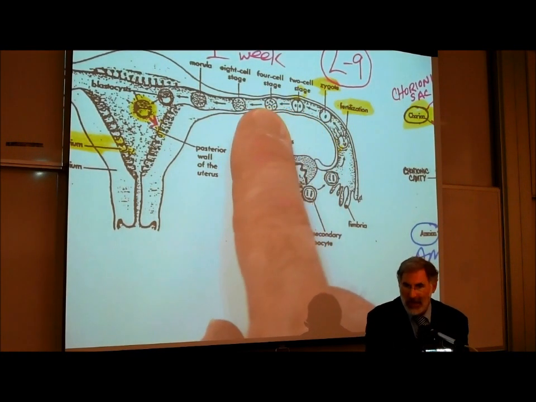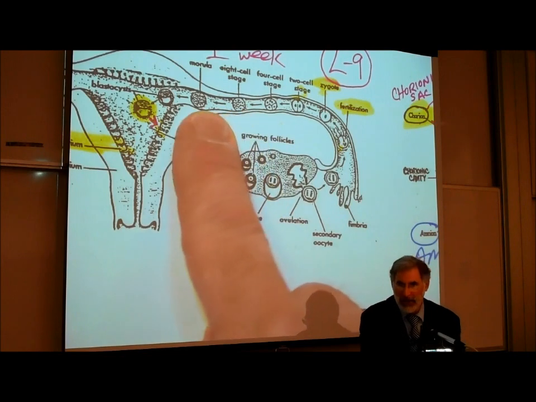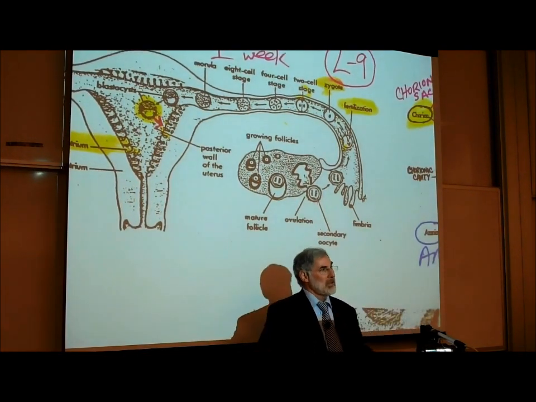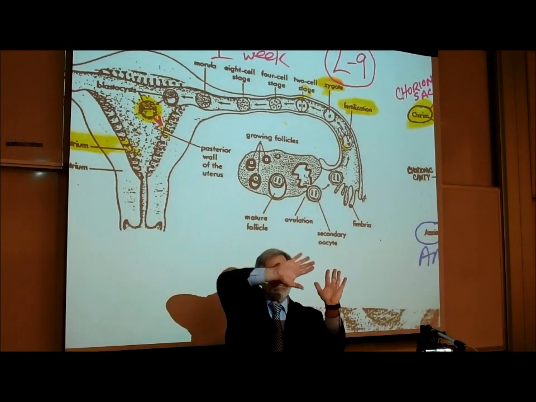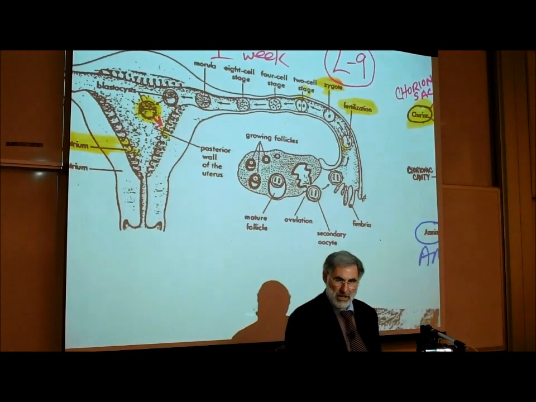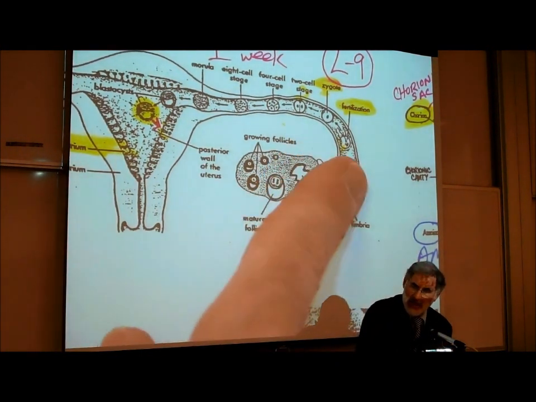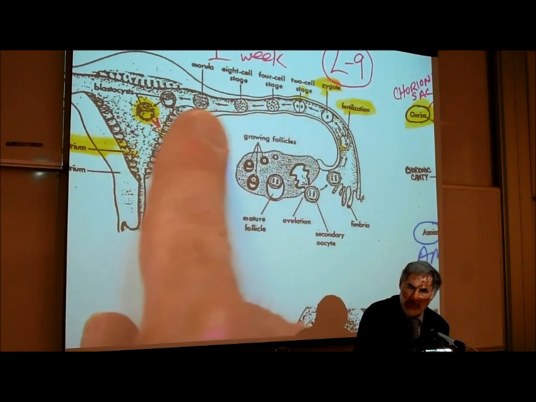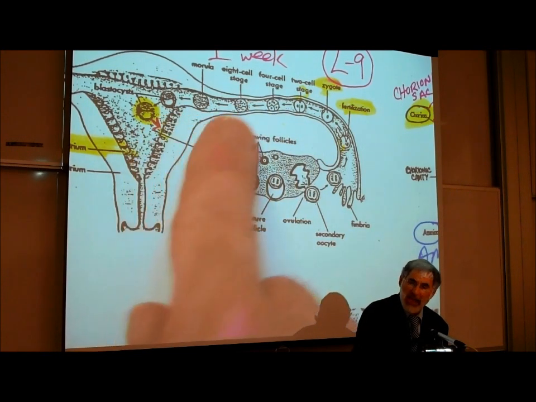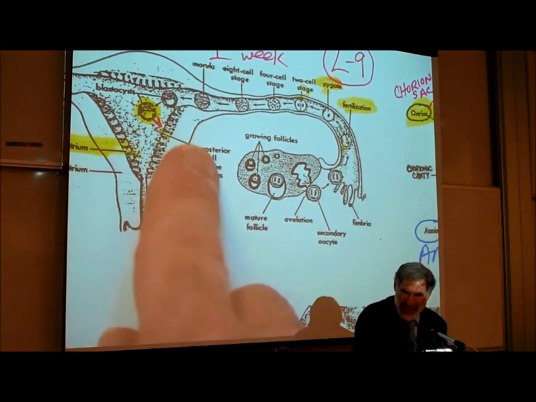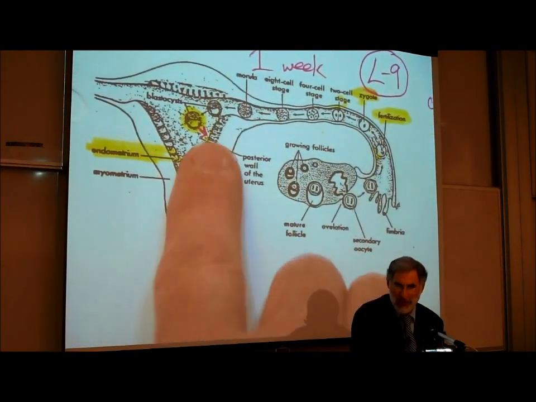A 2-celled embryo, a 4-celled embryo, an 8-celled embryo. And again, the embryo cannot move on its own either. It's being pushed by ciliated cells that line the inside of the fallopian tube. Again, whether it's the egg or the embryo, it is being pushed through the fallopian tube, and if it's an embryo, once it reaches the uterus, it will implant in the inner lining of the uterus.